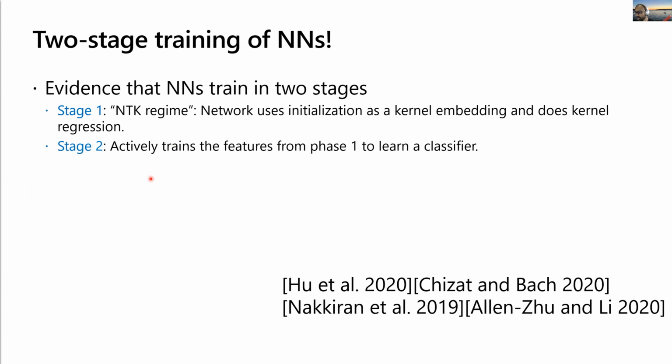Let's say you are doing image classification: you take these features and then learn the classifier using these features. And these features will keep changing a bit in the second stage, but not too far away from the features learned in stage one.